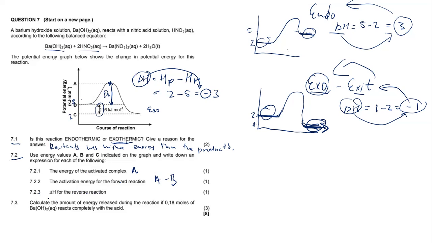And therefore 7.2.3, it says delta H for the reverse reaction. Now remember, I said to you, some reactions can indicate to you they are reversible, they are forward or reverse reactions. So delta H for the reverse reaction is going to be B to C, okay? Remember, delta H is enthalpy.